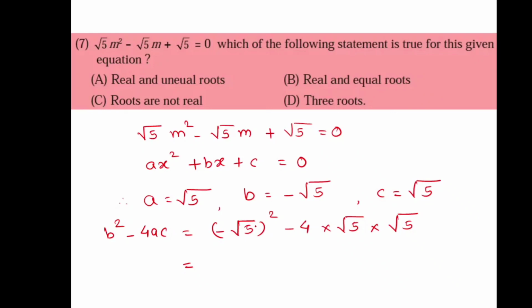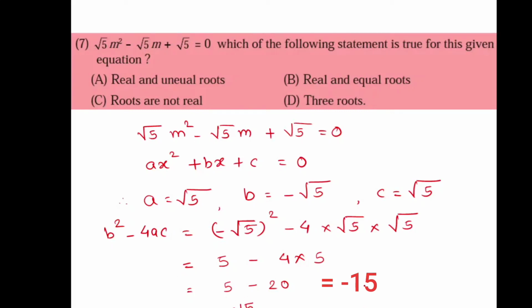Here we have minus root 5 bracket square. As a square is there, the minus sign will get cancelled, and the square of root 5 is just 5, minus 4 into root 5 into root 5, that is 5, which is equal to 5 minus 4 into 5, that is 20, and 5 minus 20, that is minus 15.